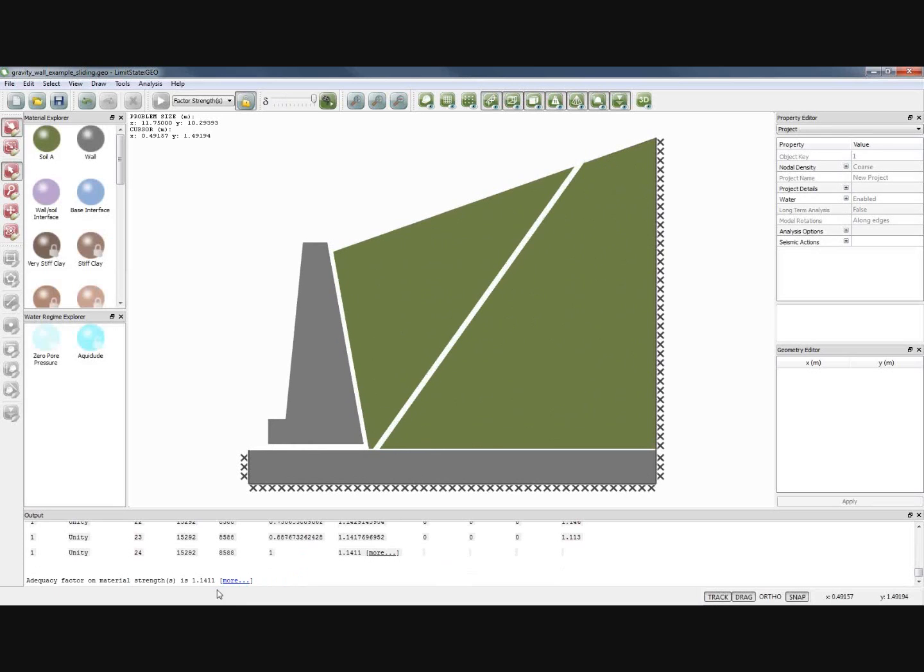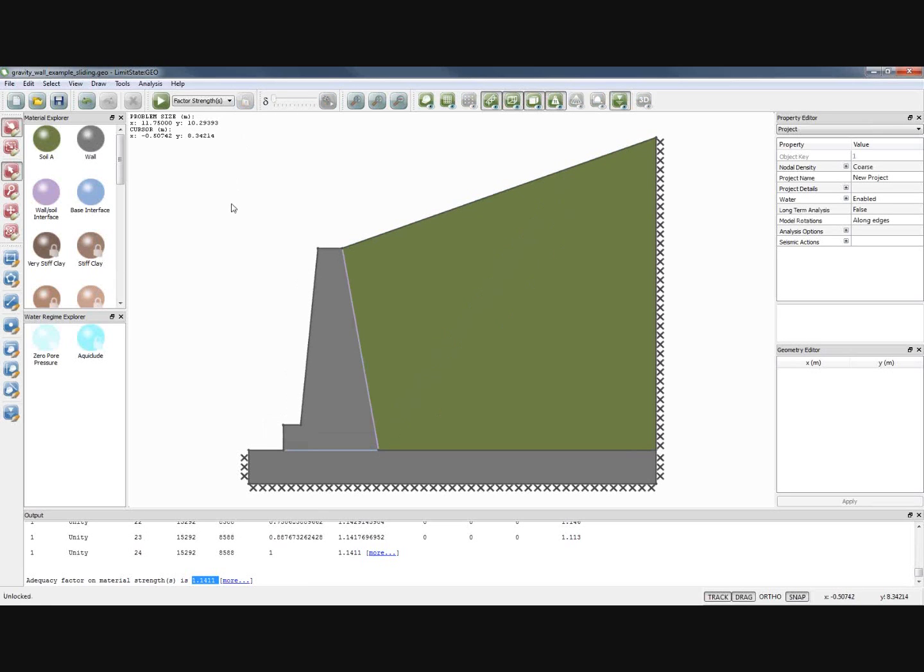So it's telling me that I got a factor of 1.14 on strength, and clearly the factor on strength is not going to be the same numerically as a factor on load. So here we've got a 14% margin on our strength before we're going to get collapse.